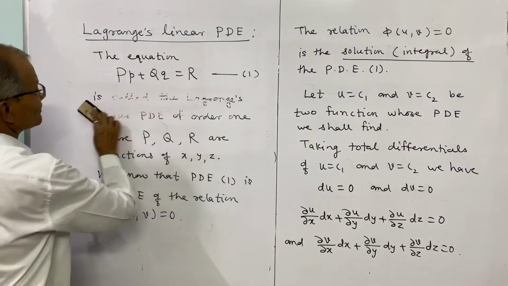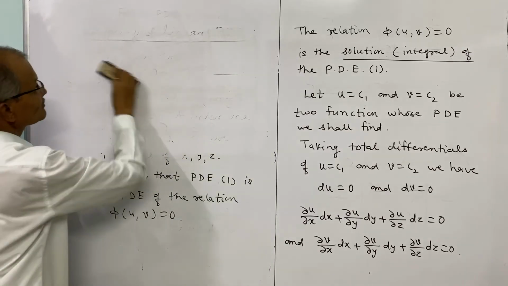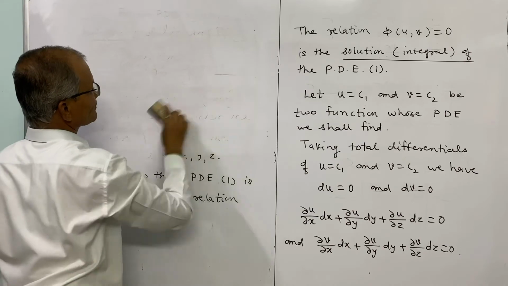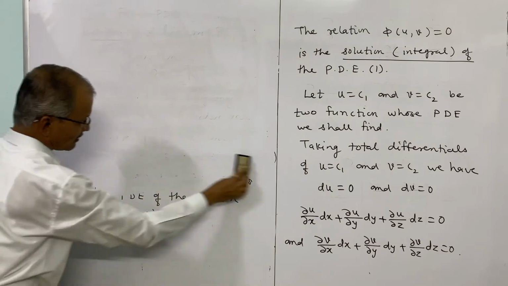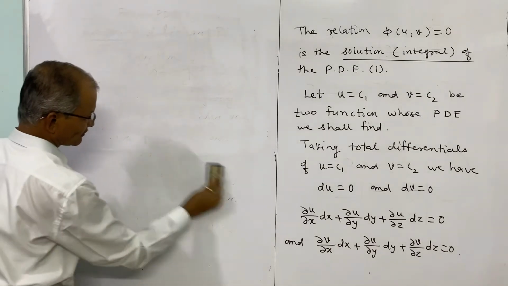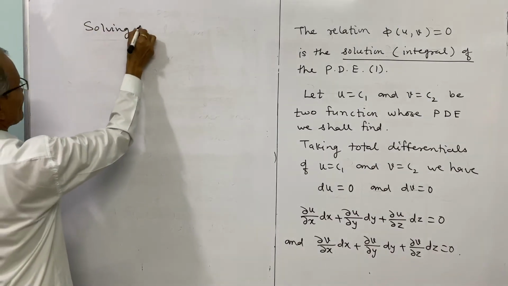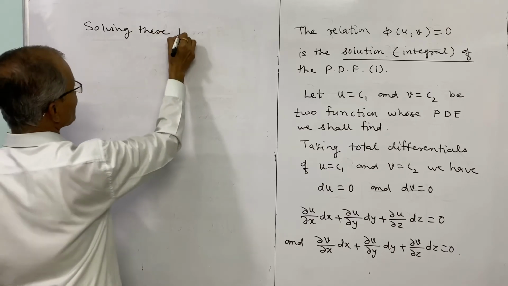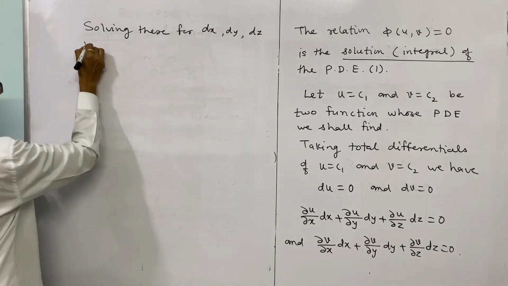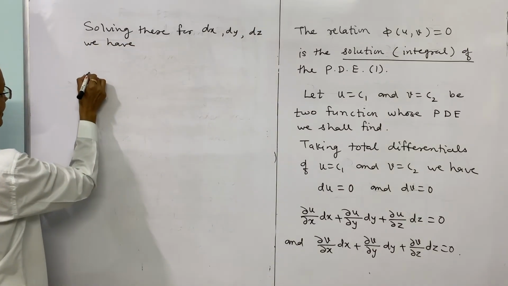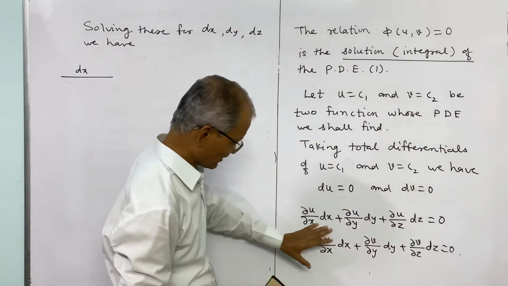So solving these for dx, dy, dz by Cramer's rule, we have dx divided by the corresponding determinant.